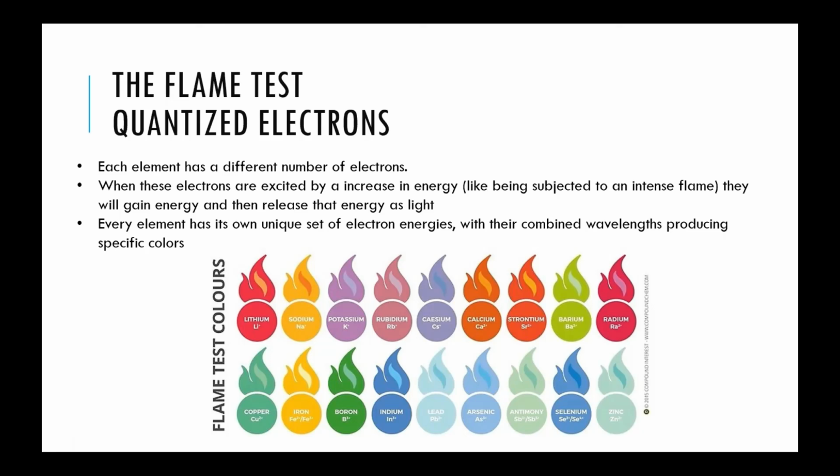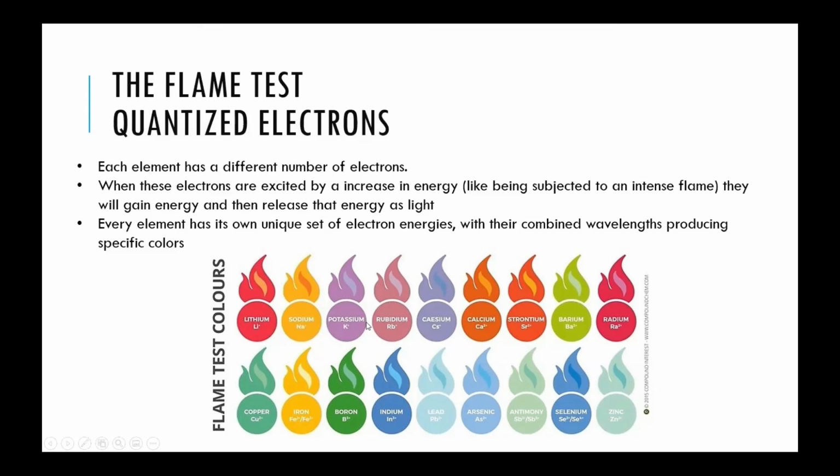When these solutions are burned, they're subject to a lot of high energy. This energy is absorbed by the electrons in the metal ions, and as those electrons relax, they release photons of light. They release those specific amounts of light, which all combined together produce unique and specific colors.